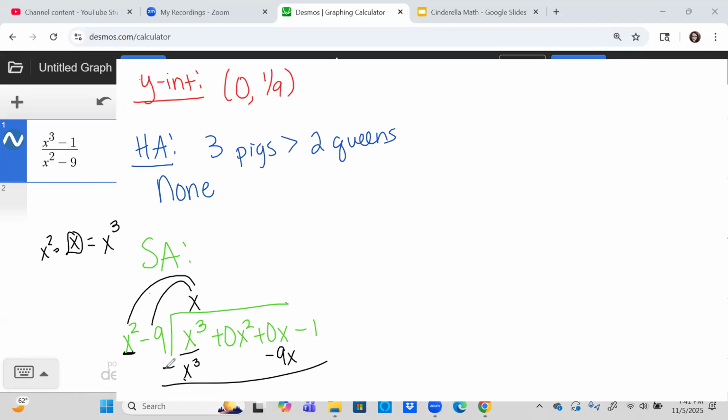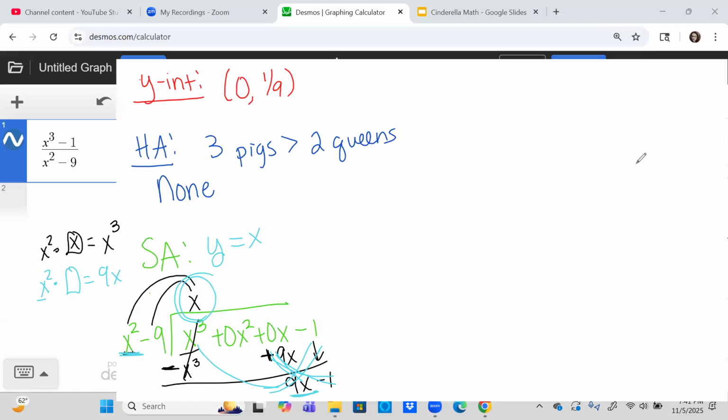This cancels. Minus minus turns to plus. That's 9x. Drop down. All right, now you ask yourself, does x squared go into 9x? So you're saying x squared times what is 9x? No. You would have to divide something, and we're not doing that. This is the answer. Your slant asymptote is y equals x. You do not care about the remainder. Okay?